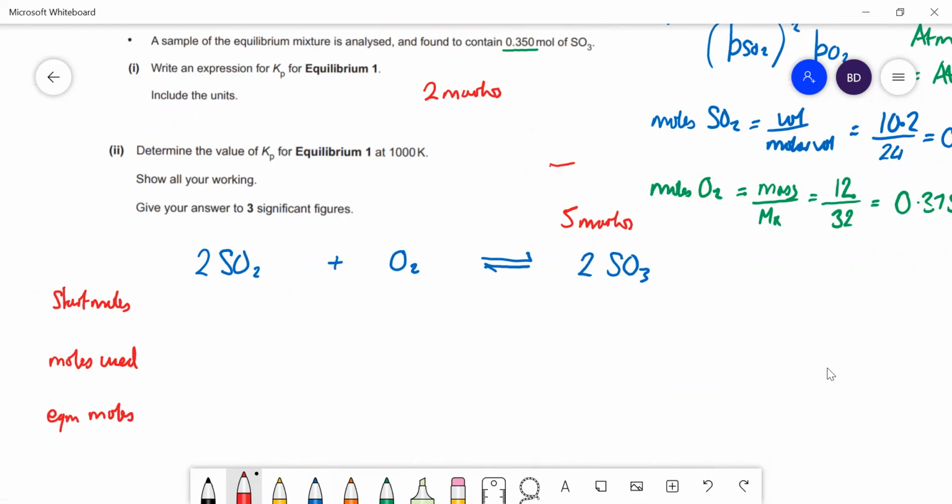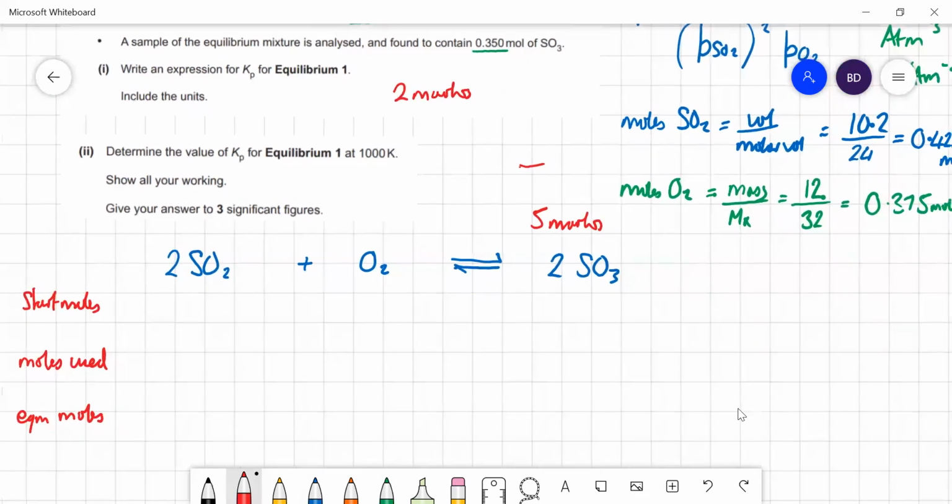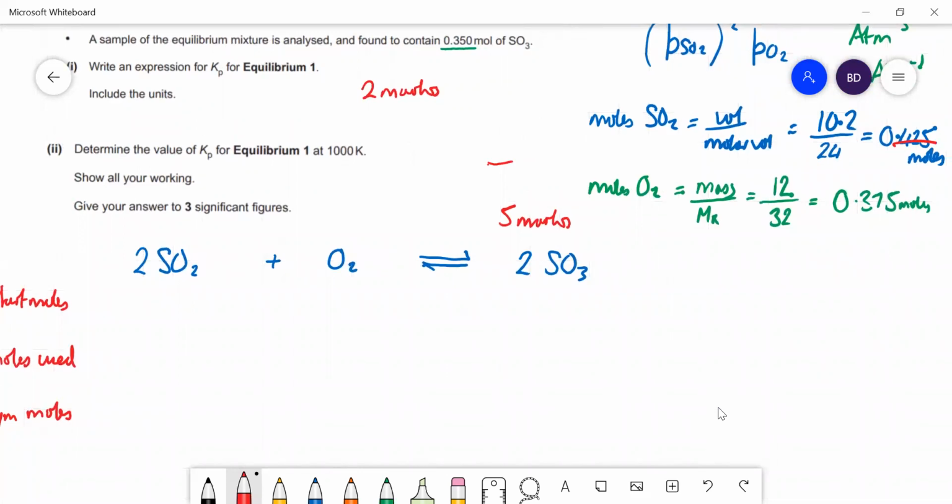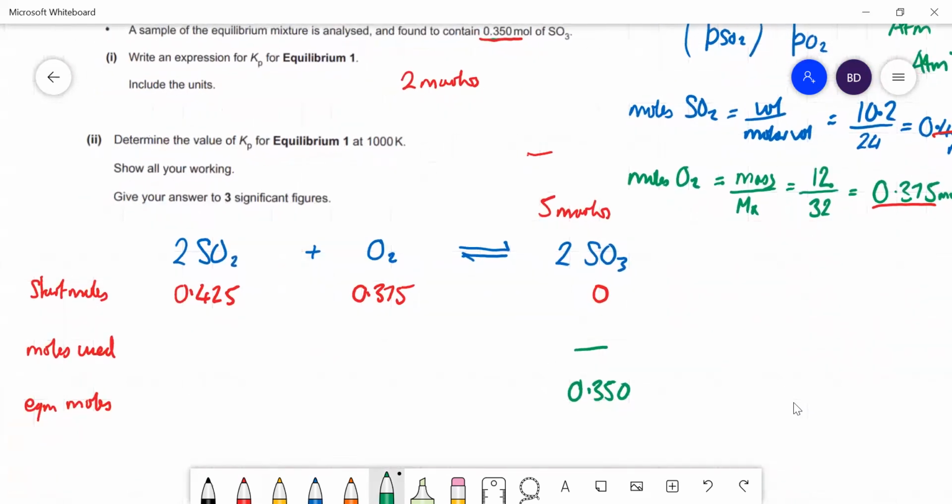Okay, so the start moles of SO2 we worked out over here was 0.425. Put that in. And we've got 0.375 of oxygen. And we don't have any SO3, that's 0. And it tells us that at equilibrium, we've got 0.350 moles of SO3. So that's 0.35 there. Now, if we make 0.35 moles of SO3, that means we must have used up 0.35 of SO2, because 2 moles of SO2 gives us 2 of SO3.